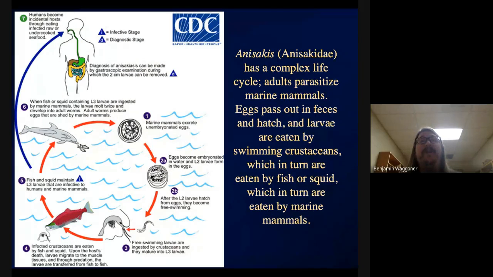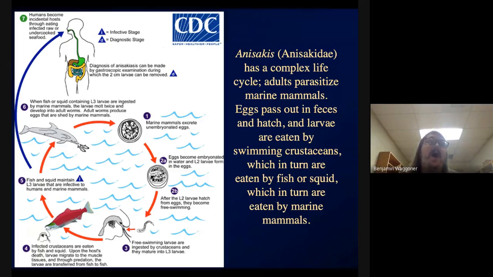And you've probably seen all the Anisakis that you care to. Adults parasitize marine mammals. Eggs pass out in the feces. The eggs develop in the water. Larvae get eaten by swimming crustaceans. The crustaceans get eaten by fish and squid.